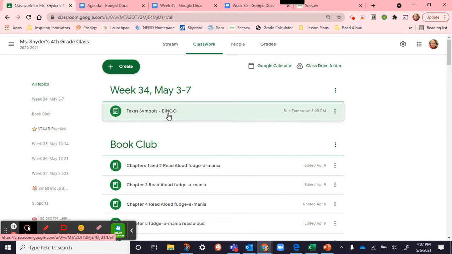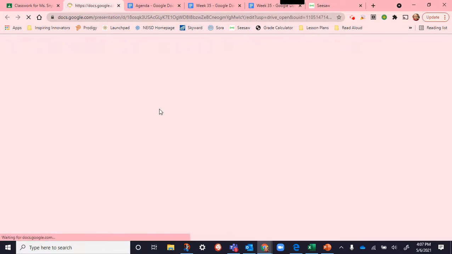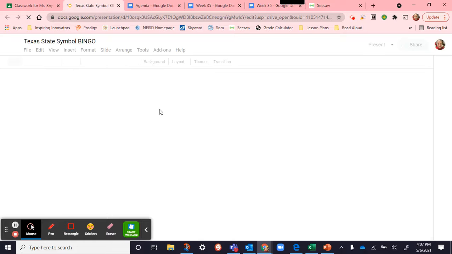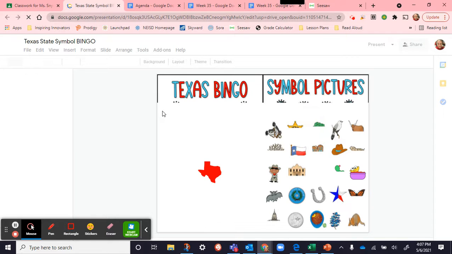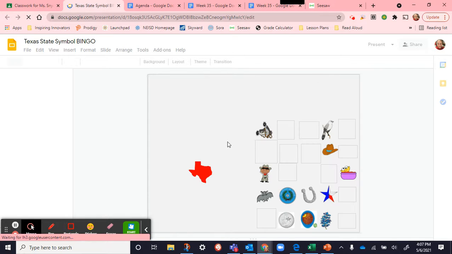And so when you open this, you move the symbols over to the left-hand side to create your bingo board. And then we did different games, like we made a T, and then we made an X for the abbreviation for Texas. Then we did a regular bingo. So we were playing different ways, but we were practicing these symbols on here.